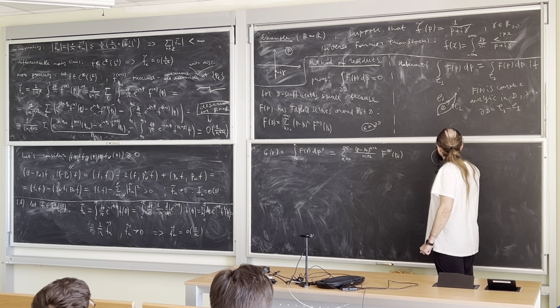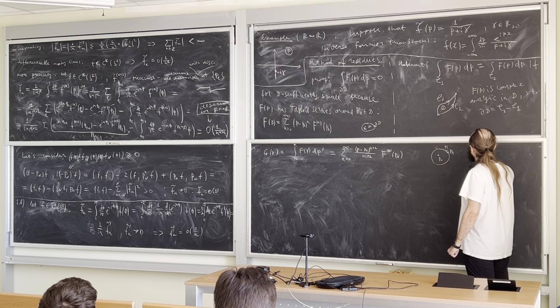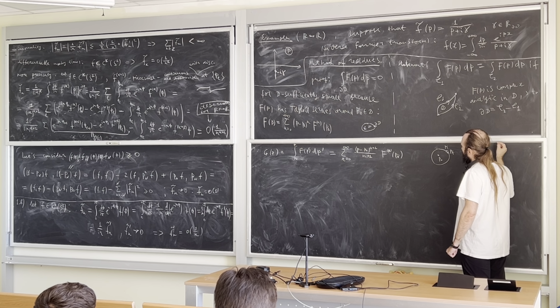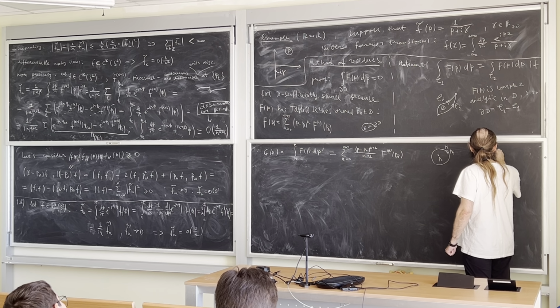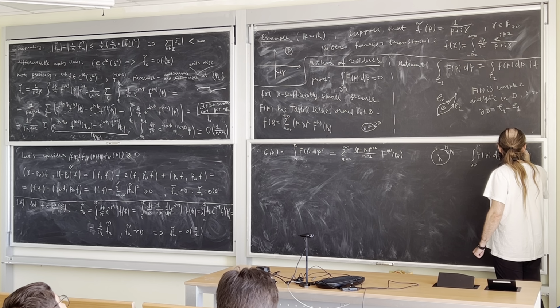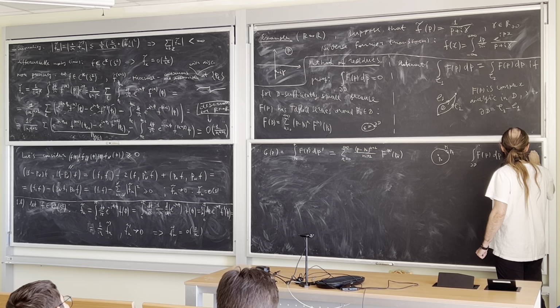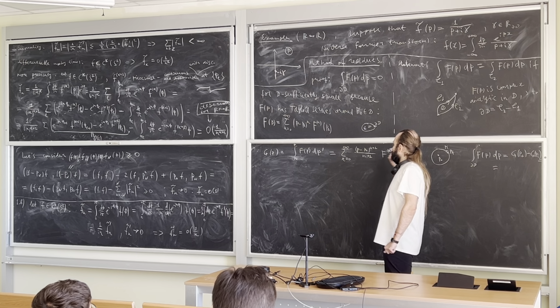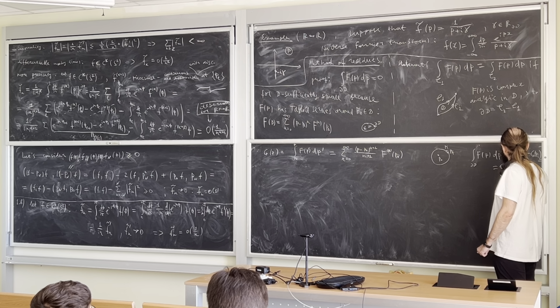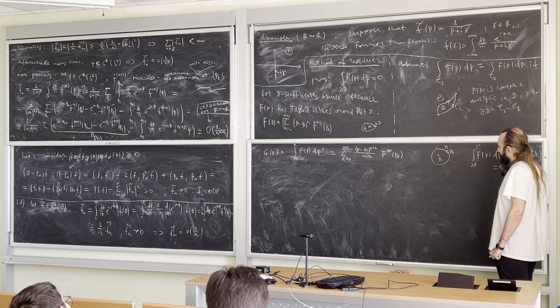So the integral over the boundary of our function f of p equals g of p final minus g of p initial, which equals 0, since this function is single valued.